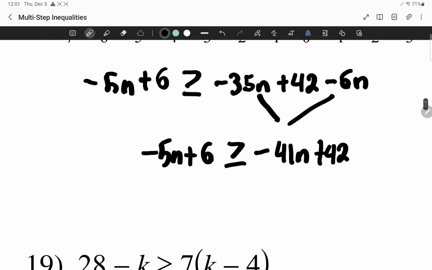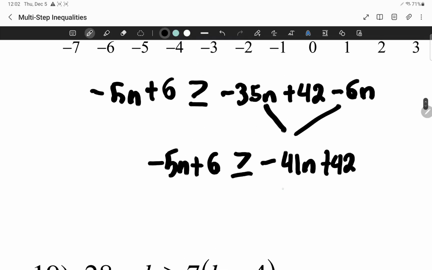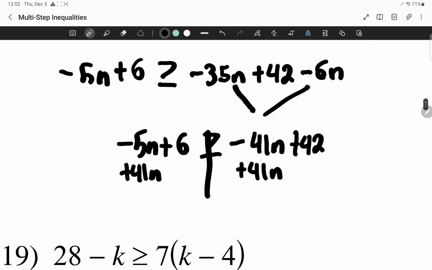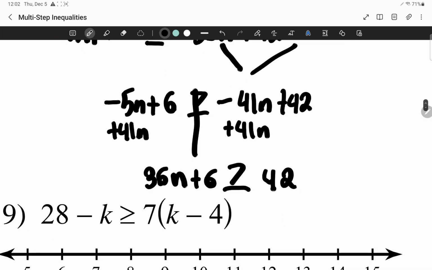Guess what I'm going to do now? I'm going to put it right here: add 41n, add 41n. Those two become 36n plus 6 is greater than or equal to 42. Now, what number can I move from here?